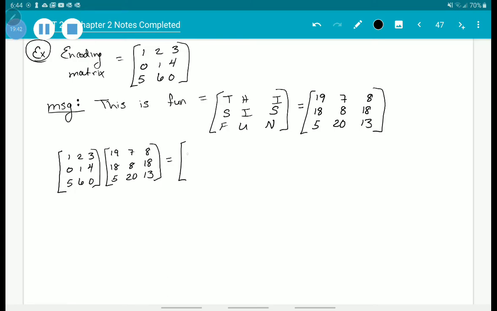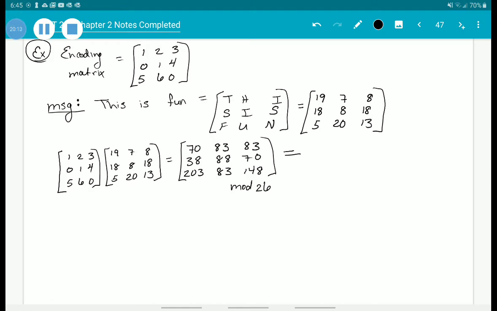So our product, I got 70, 83, 83, 38, 88, 70, 203, 83, and 148. Now, for every single number, we need to apply the modulus. So we need to go with mod 26. Again, there's 26 letters in our table. We're keeping it simple.